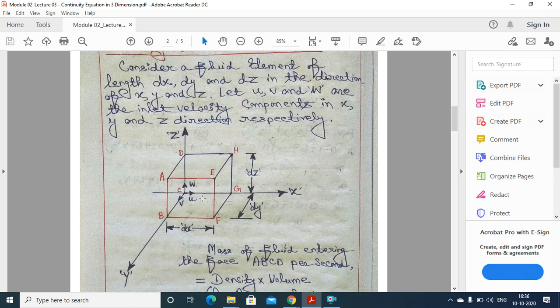These are the three inlet velocity components. This fluid element has length dx in x direction, dy in y direction and dz in z direction.